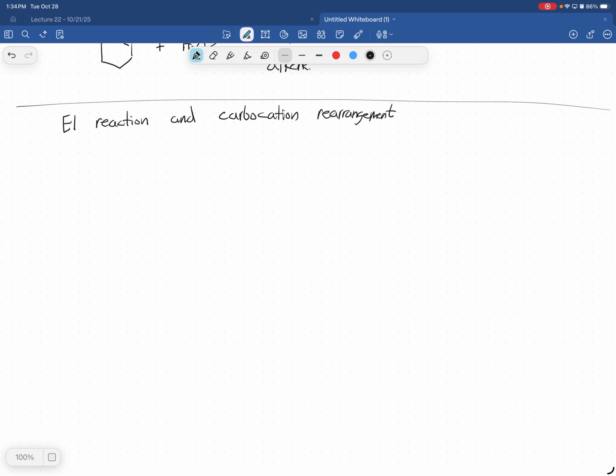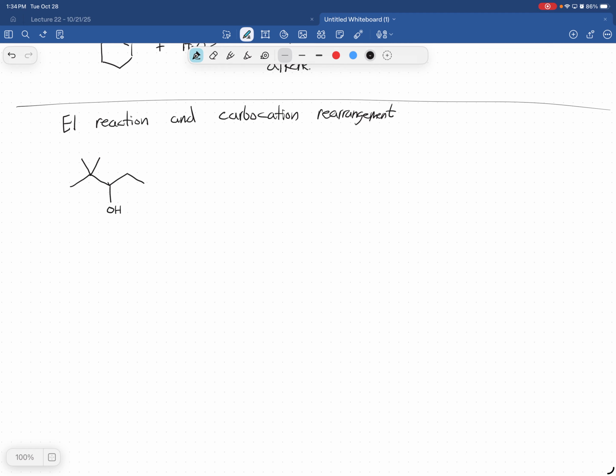We talked about rearrangements before. This is going to happen when we have a carbocation, okay? So let's say we have this alcohol, and you see here it's very close to this substituted position right here. So you can imagine a carbocation rearrangement can take place.